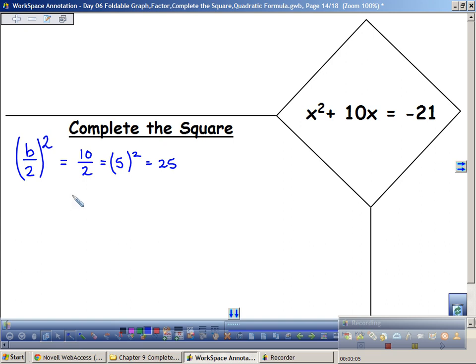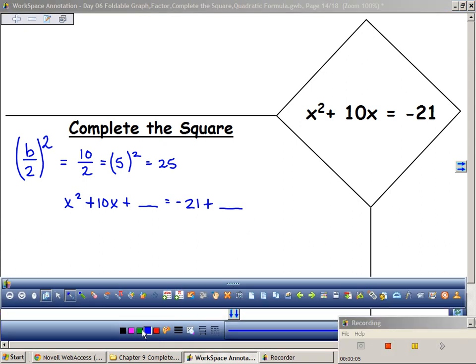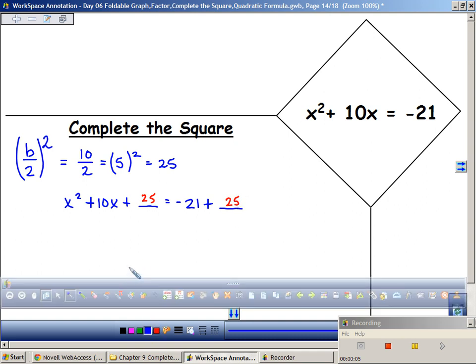Now I want to go ahead and put those blanks. X squared plus 10x plus blank equals negative 21 plus blank. What goes in my blanks? 25. What's my next step?